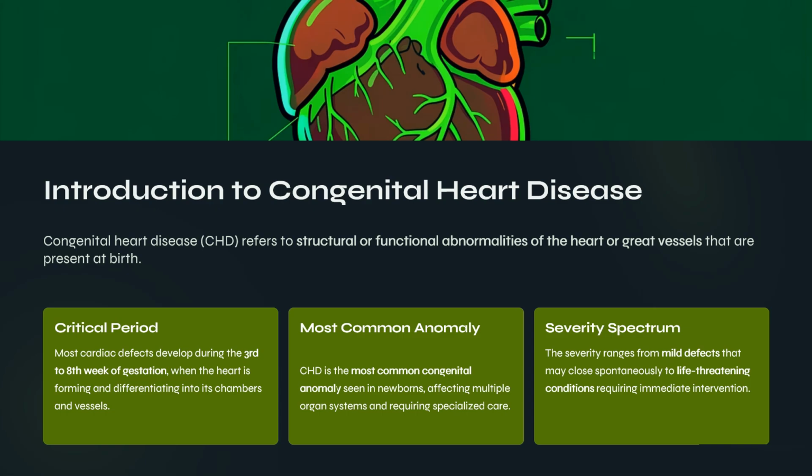To understand more about congenital heart disease, we need to understand some important concepts, like the critical period. Congenital heart disease develops between the third to eighth week of gestation. This is the period when the heart and its chambers get developed, and this is one of the most common congenital anomalies seen in newborns.